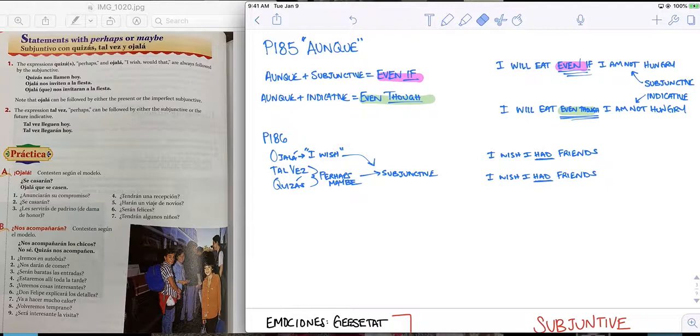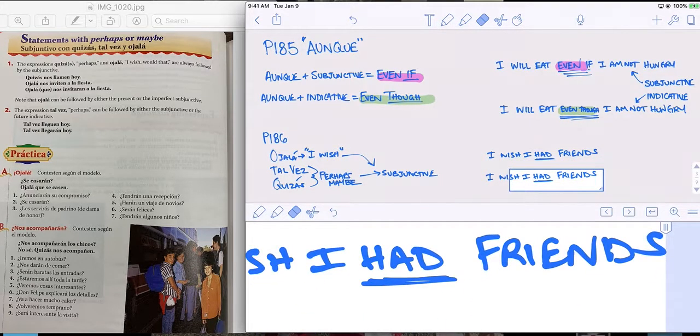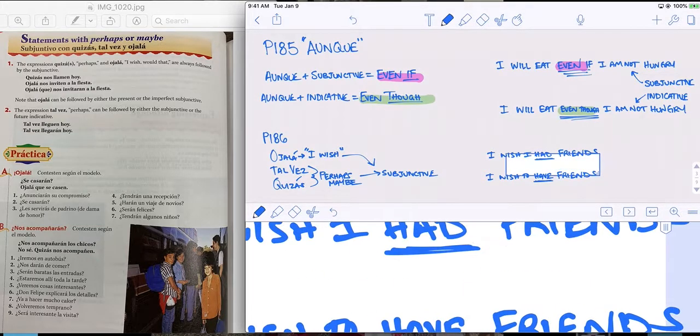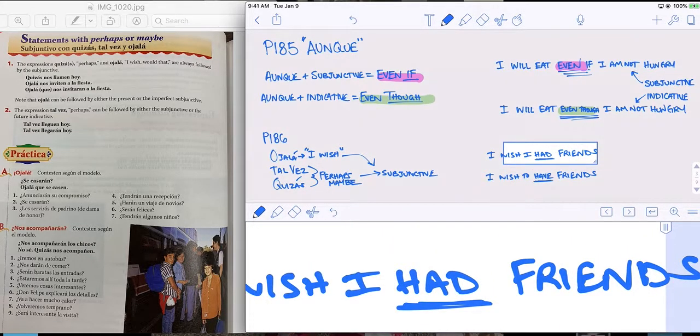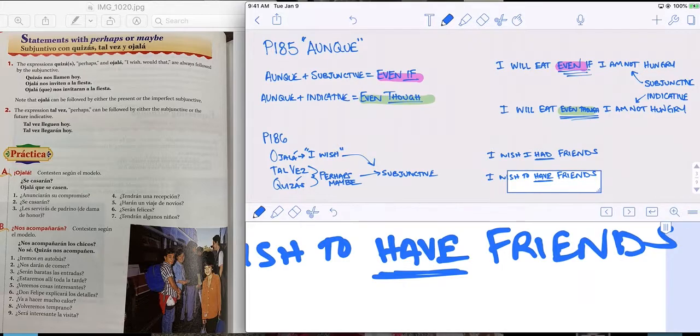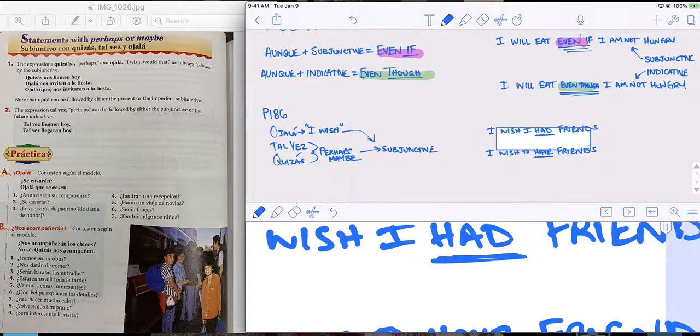Now it sounds kind of weird in English because we wouldn't say that, but you could say I wish to have friends, right? Like I wish that right now I have friends versus I wish that in some imaginary world or in the past I had friends. This one, had friends, is going to beg the past subjunctive, and have friends is going to beg the present subjunctive. So let's translate each one of these using ojalá.